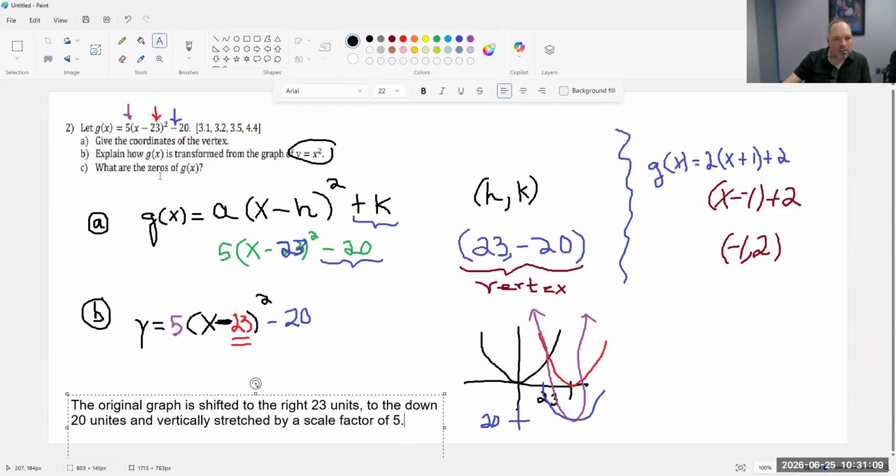Now it says, what are the zeros of the function? That's part C. Let me think of the easiest way to do that.